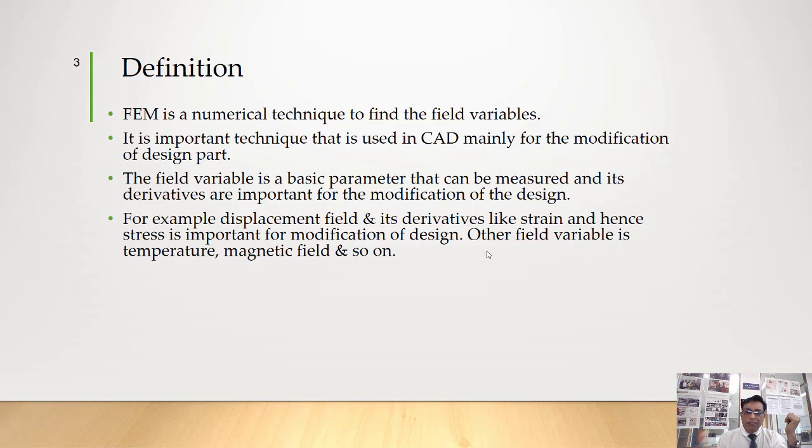The field variable is the basic parameter that can be measured, and its derivatives are important for modification of design. For example, the displacement field and its derivatives like strain, and hence stress, are very important for the modification of design. Other field variables are temperature in thermal engineering, magnetic field in electrical engineering, and so on.